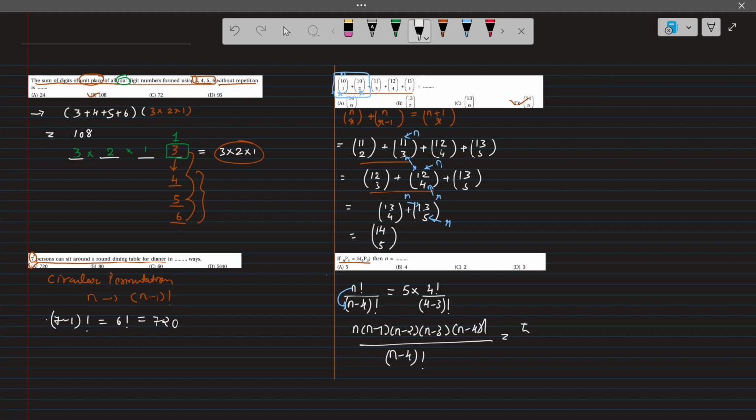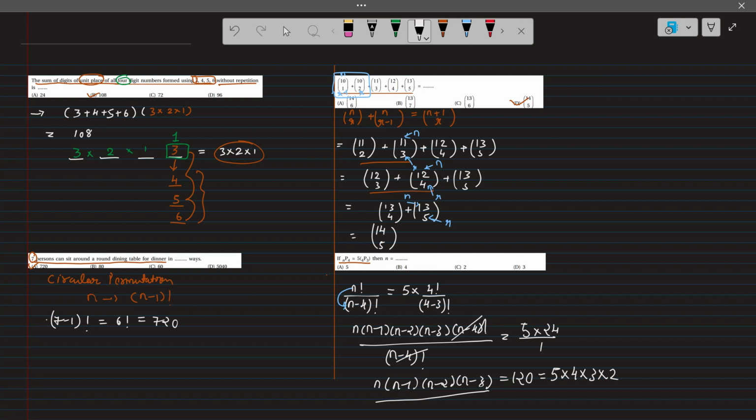This equals 5 into 4 factorial, which is 24, upon 1. n minus 4 factorial will get cancelled out, and finally we are left with n, n minus 1, n minus 2, n minus 3 equals 120. 120 can be written as a product of 4 consecutive numbers: 5 4s are 20, 3s are 60, 2s are 120.